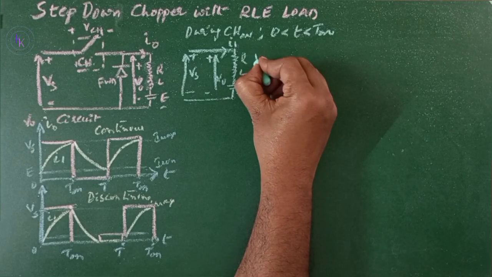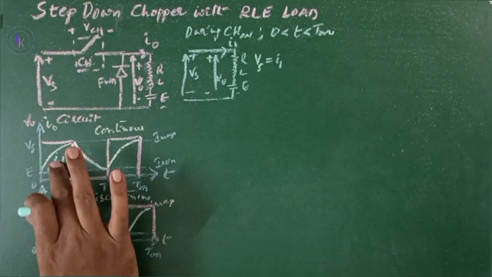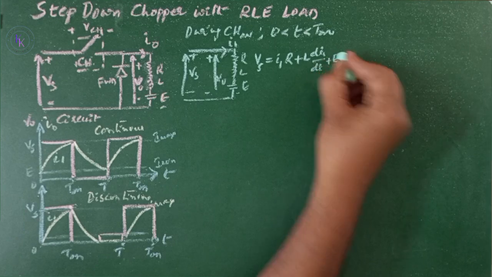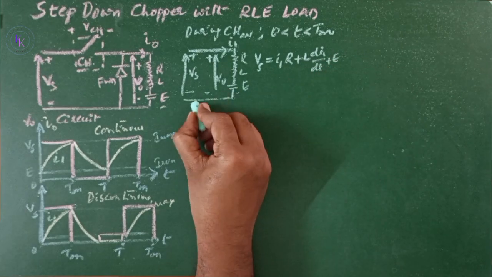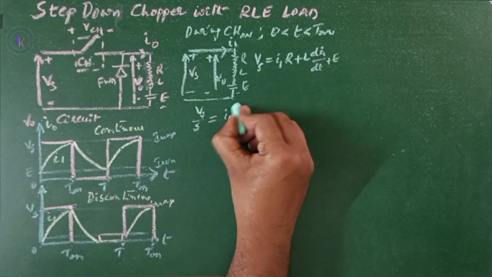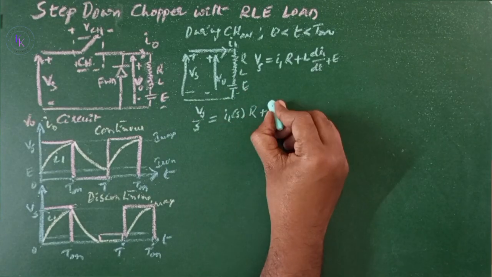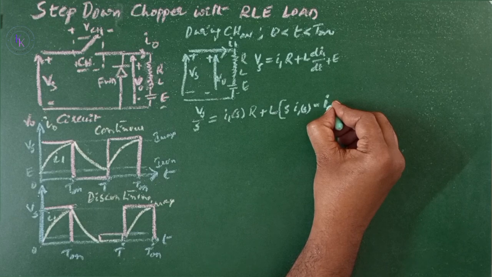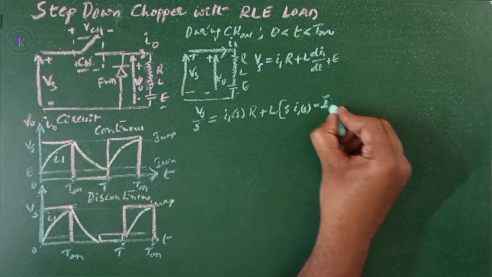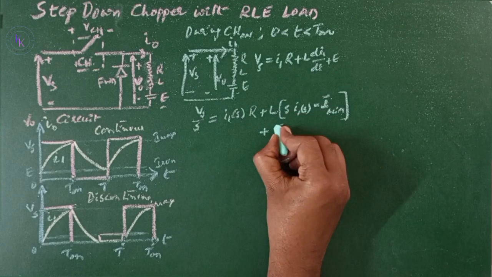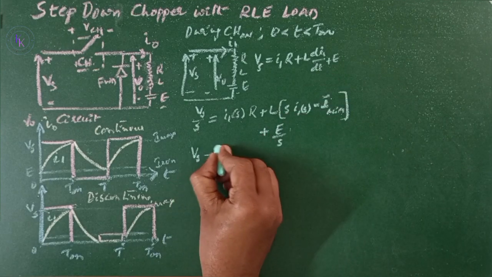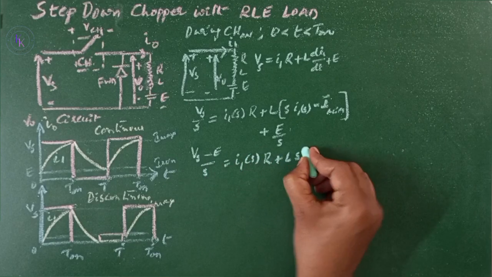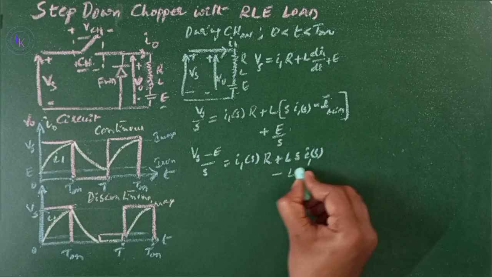The differential equation governed by this is Vs equals R I1 plus L di1 by dt plus E. Taking Laplace transform of the above equation, you will get Vs by S equals I1 of S times R plus L times S I1 of S minus I1 at initial stage, which is I minimum, plus E by S. Now solving this for I1 of S: Vs minus E by S equals I1 of S times R plus L S I1 of S minus L I minimum.